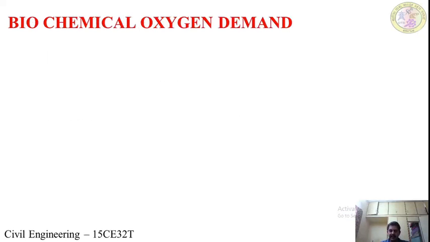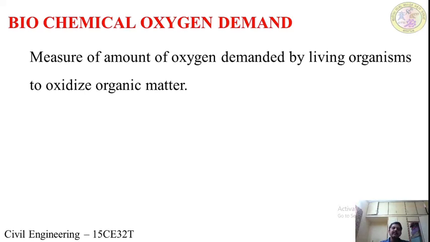As I already said, oxygen is supplied to the sample, and after oxidation, the amount of oxygen left out is noted, and it indicates the amount of oxygen consumed and the organic matter present in the water. So it is a measure of the amount of oxygen demanded by the living organisms to oxidize the organic matter.